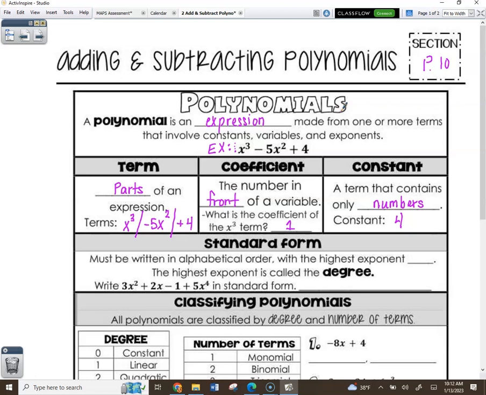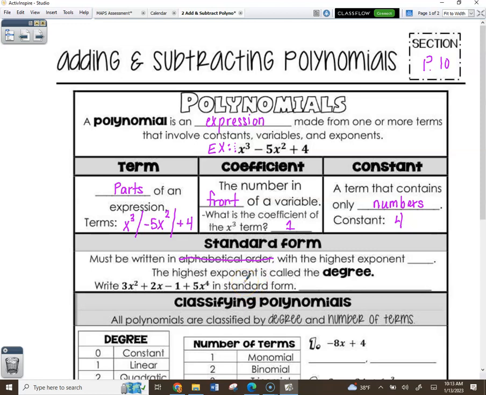Now you need to be familiar with the phrase standard form. If I say that your polynomial needs to be written in standard form, it doesn't necessarily mean alphabetical order. I'm actually going to draw a slash through that because we're not going to be technical on the alphabet part of it.